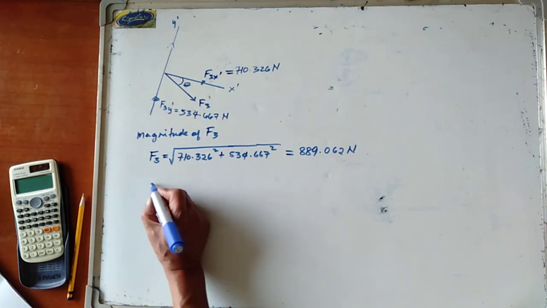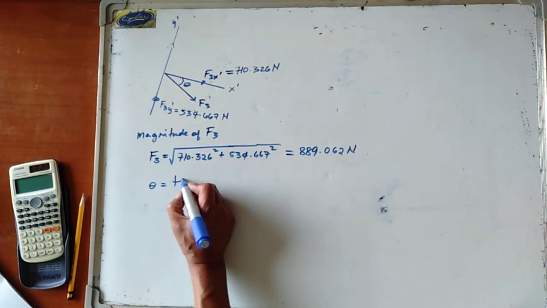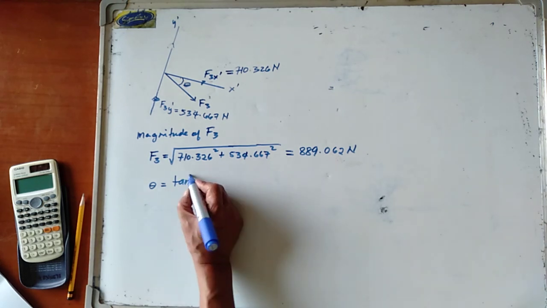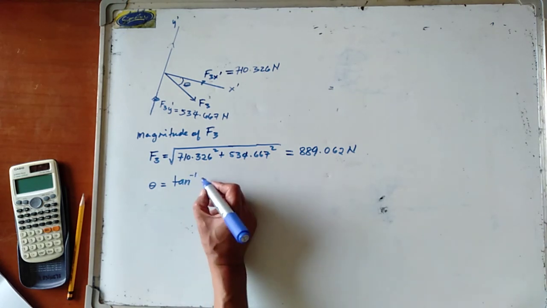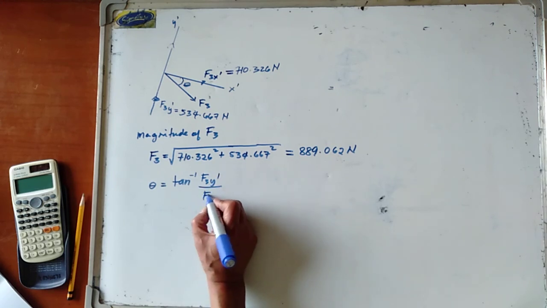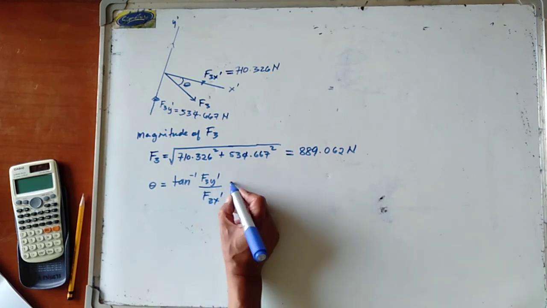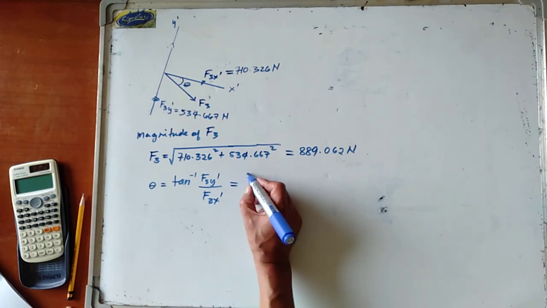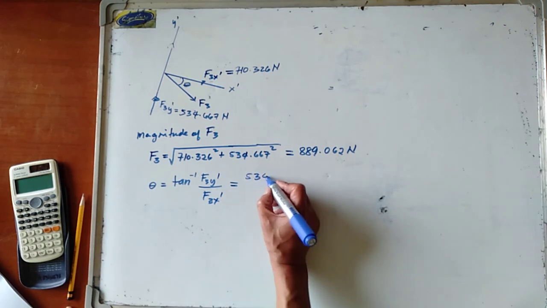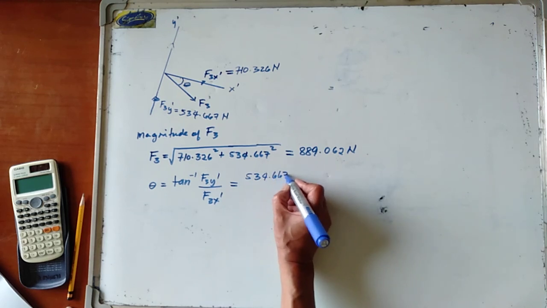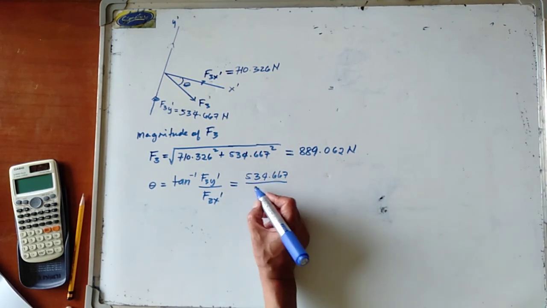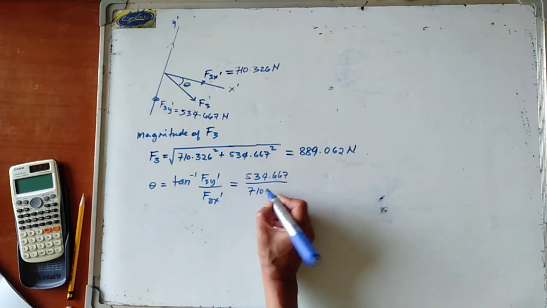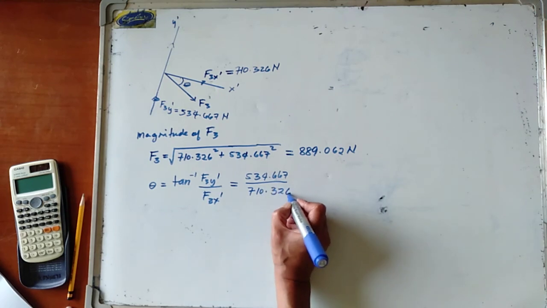And the angle theta with the positive x prime axis is now equal to the arc tangent of F3y prime all over F3x prime, and this is therefore equal to 534.667 all over 710.326.